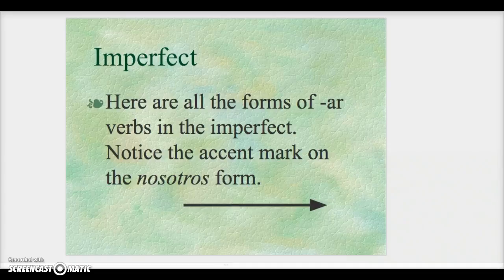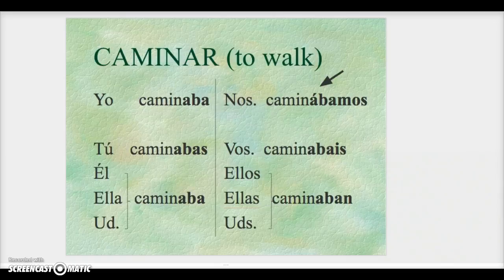Okay, well, let's start taking a look at the endings. Obviously we need to know those endings in order to speak using the imperfect. So one thing to notice is that there is an accent mark on the nosotros form for these normal AR verbs. So caminar. We have yo caminaba, tú caminabas, él, ella, usted caminaba, nosotros caminábamos, vosotros caminabais, and ellos, ellas, ustedes caminaban.